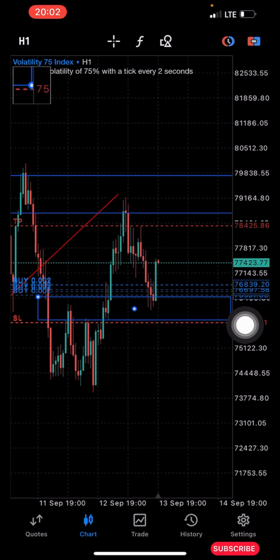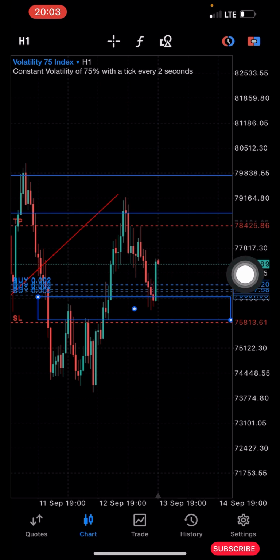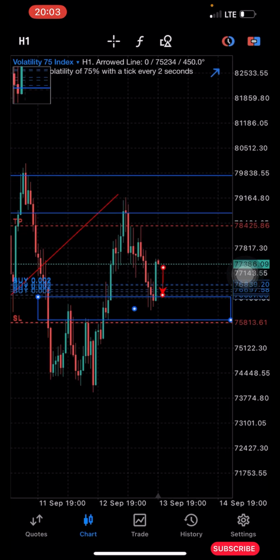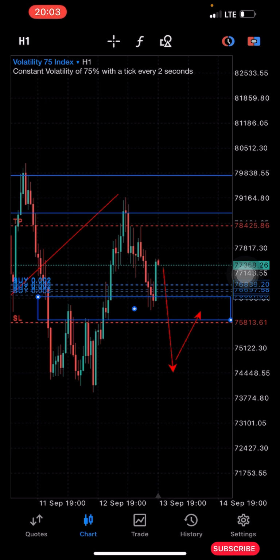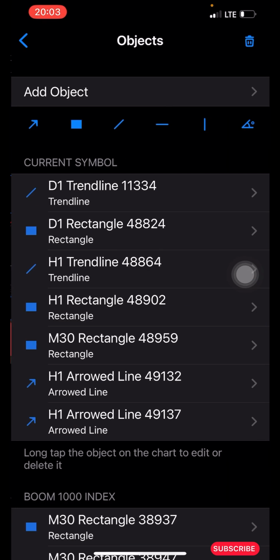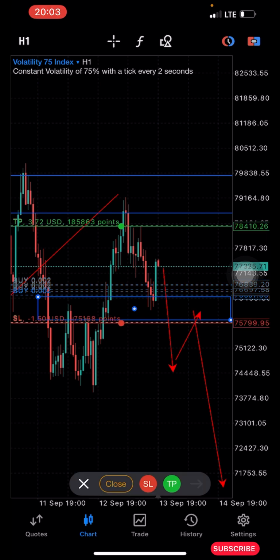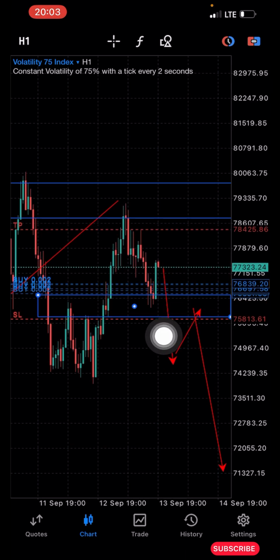Once price can break and close below this area, let me mark it out, if price can break below this retest, then I can continue the sell to the other side. So either way I'm still in the market with this method. This is how I've planned to ride the trend.